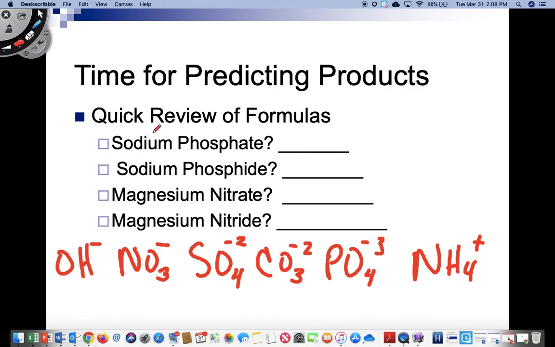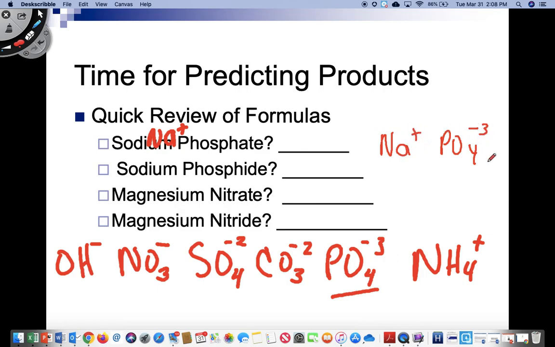So sodium, remember that sodium is Na plus, and phosphate is right here, PO4 -3. So what happens when you have Na plus and PO4 -3? So what happens with the charges?